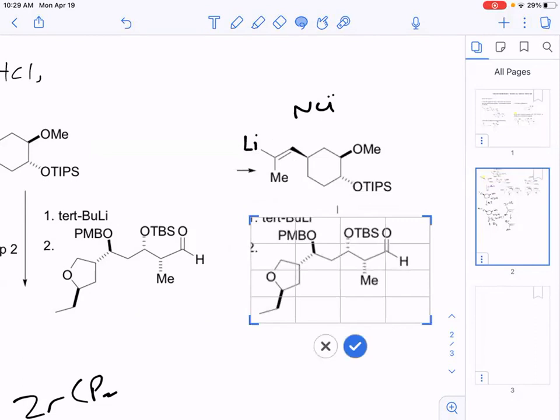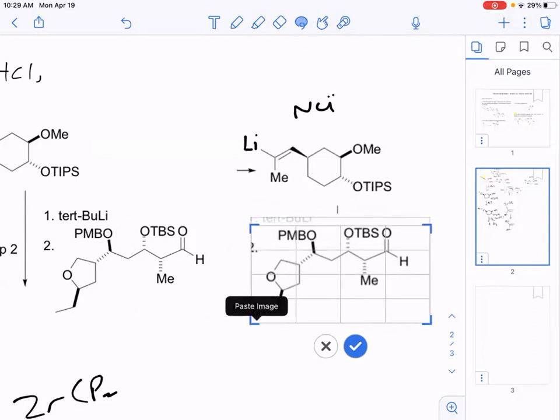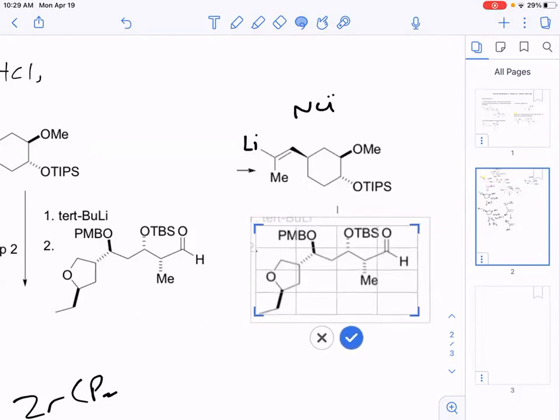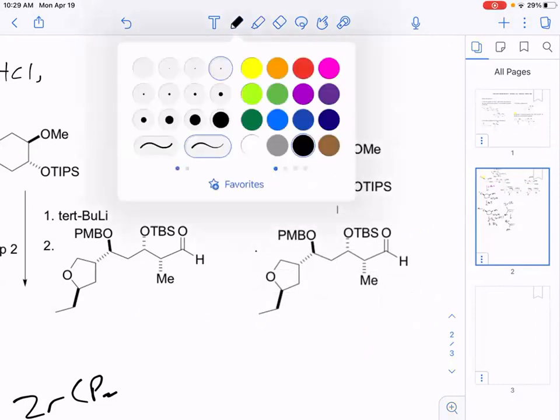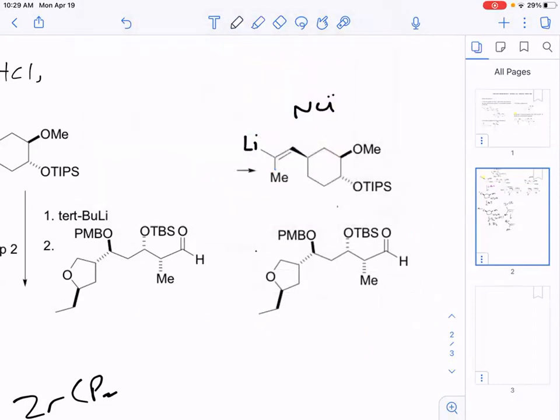What do you think is going to happen? What functional group in here is going to be electrophilic and be able to react with that nucleophile, out of all the functional groups that are present? What do you think?